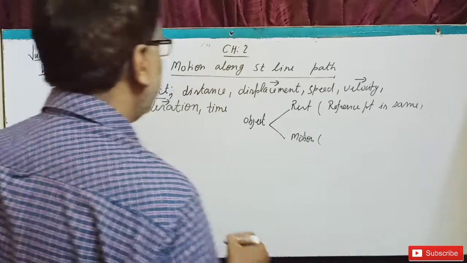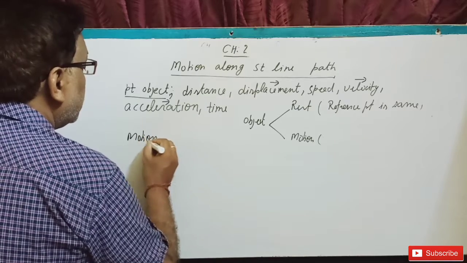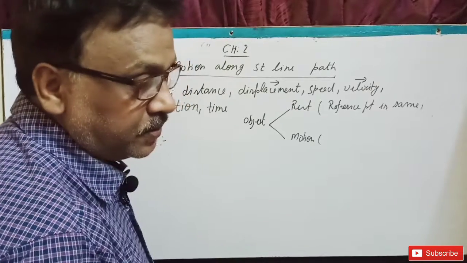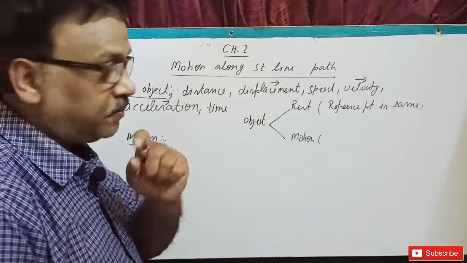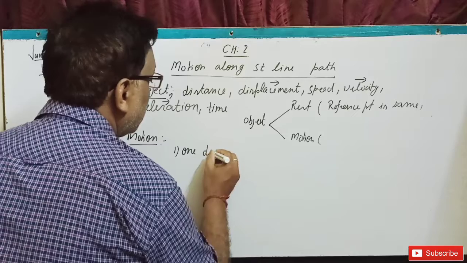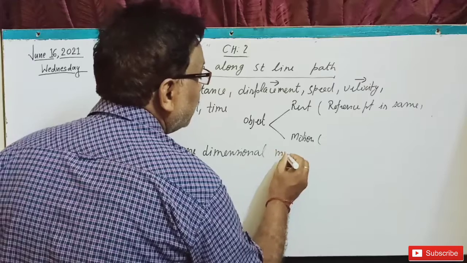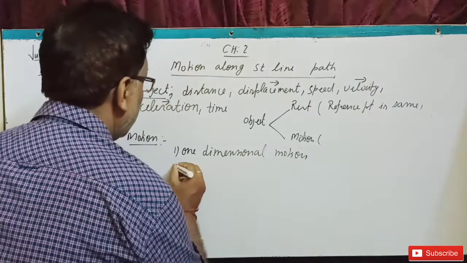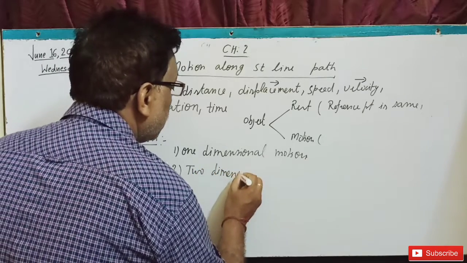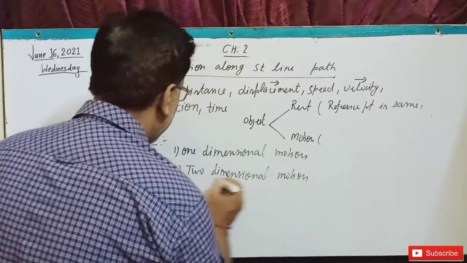Now, motion along a straight line path can be classified in three ways: one-dimensional motion, two-dimensional motion, and three-dimensional motion.